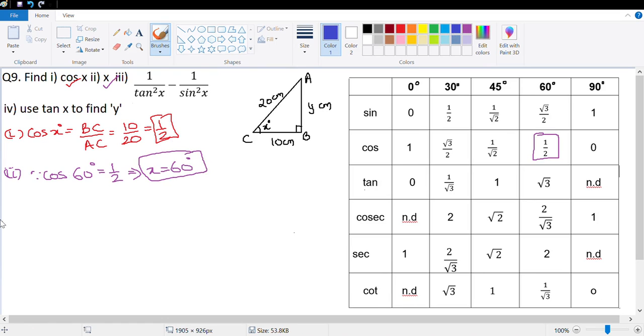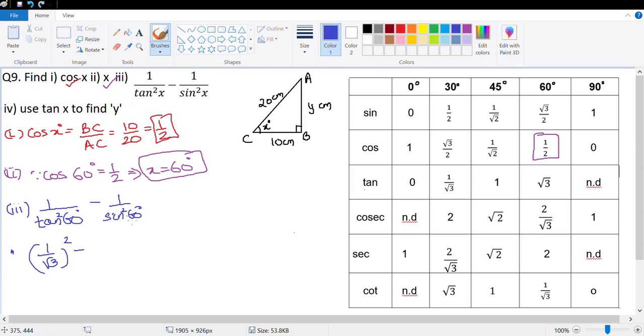Let's look at part 3. So part 3 would be 1 upon tan square 60 degree minus 1 upon sine square 60 degree. So tan square 60, tan 60 is nothing but cot 60. So cot 60 degree is 1 upon root 3. So this is 1 upon root 3 whole square minus 1 upon sine is cosec.